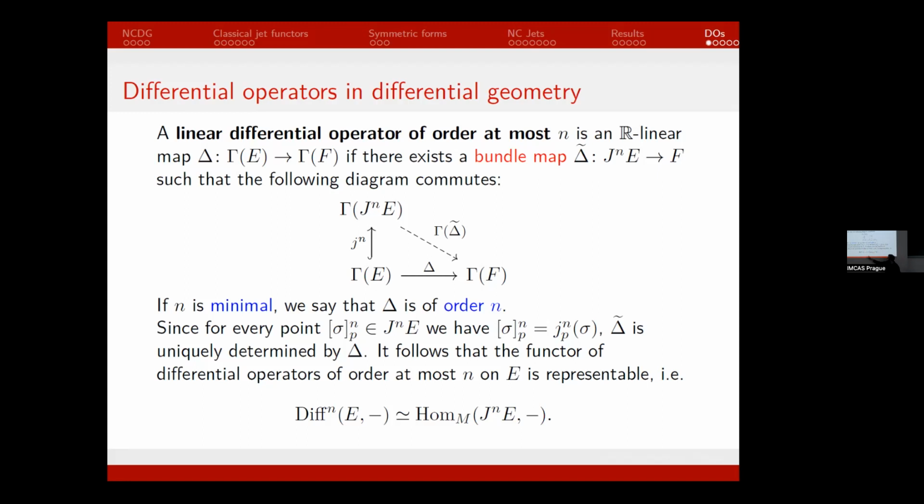And that means that the functor of differential operators on E is representable, with the representing object the jet bundle itself. That's because by definition this map is surjective, since every A-linear map composed with J n is a differential operator, and it's injective because of the uniqueness of delta tilde.